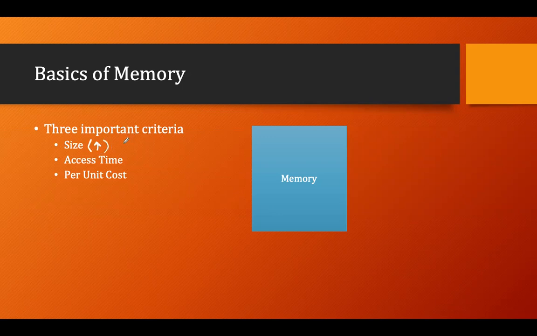If we talk about main memory, why is main memory important? As we know the architecture of the computer, whatever program we have to execute should be there in the main memory.